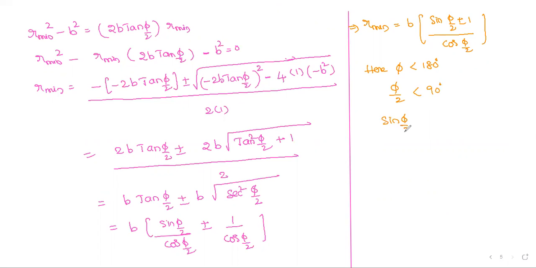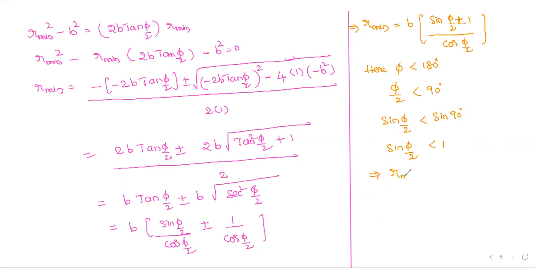Less than 90 degrees means sine phi by 2 is surely less than sine 90, so sine phi by 2 is surely less than 1. If you substitute a value less than 1 and take minus 1 out of plus or minus, you will get a negative value. Getting a negative value is wrong actually. Distance we should not say in negative terms. That's why the negative is finally eliminated, and we are taking only plus there.